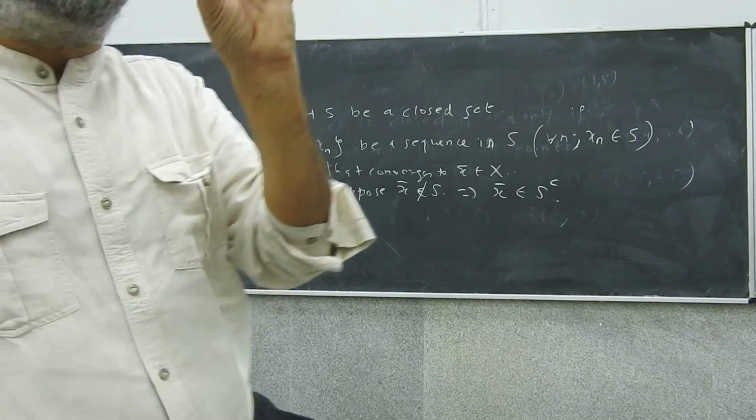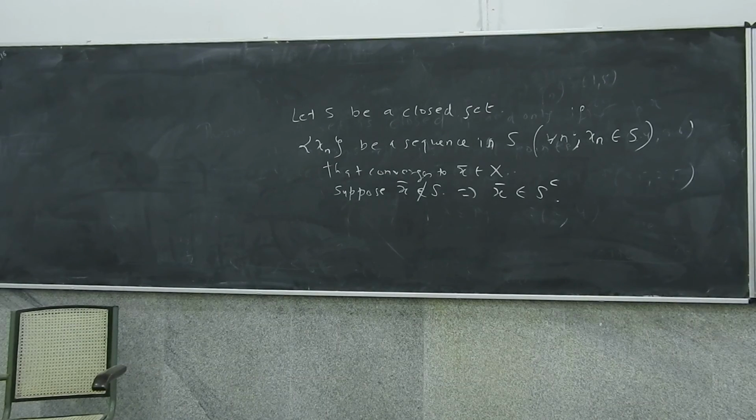If it's an interior point, that means there exists at least one open neighborhood around x bar which belongs completely to S complement. So no point of S can belong to that neighborhood. So there exists a neighborhood around x bar which does not contain any point of xn, because all points of xn belong to S. Which means that x bar could not be a limit point. But we have said that x bar is a limit point. So if such a limit point exists, x bar must belong to S.